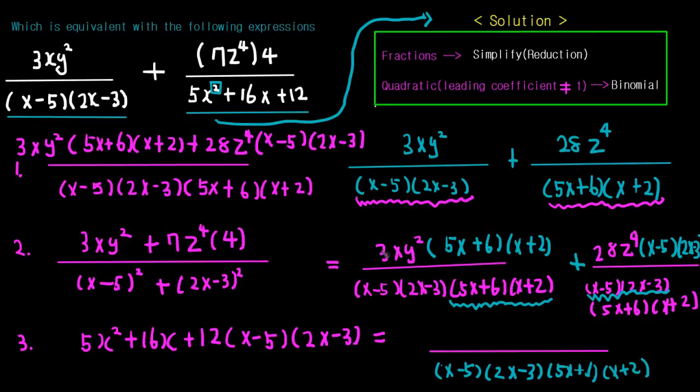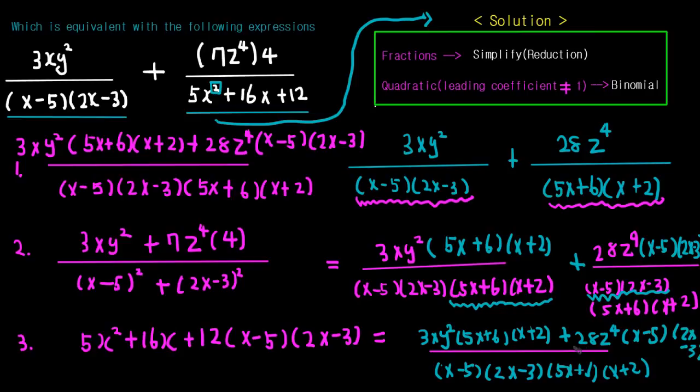And in the numerator, we could have just simplified this expression, but we can bring our whole expression down: 3xy squared times 5x plus 6 times x plus 2, all of that plus 28z to the fourth power times x minus 5 times 2x minus 3.